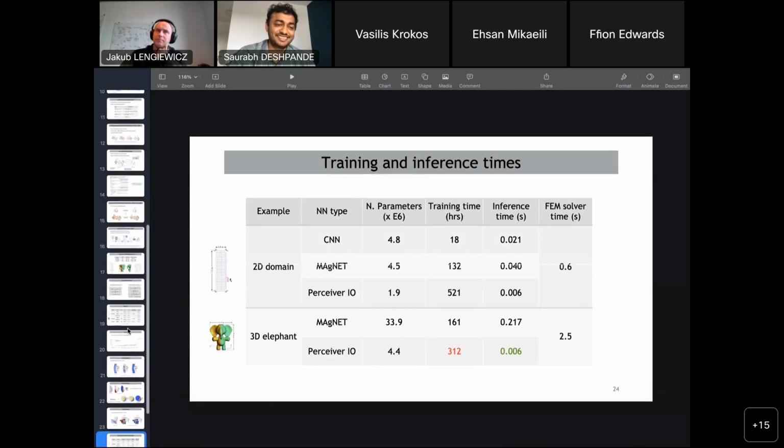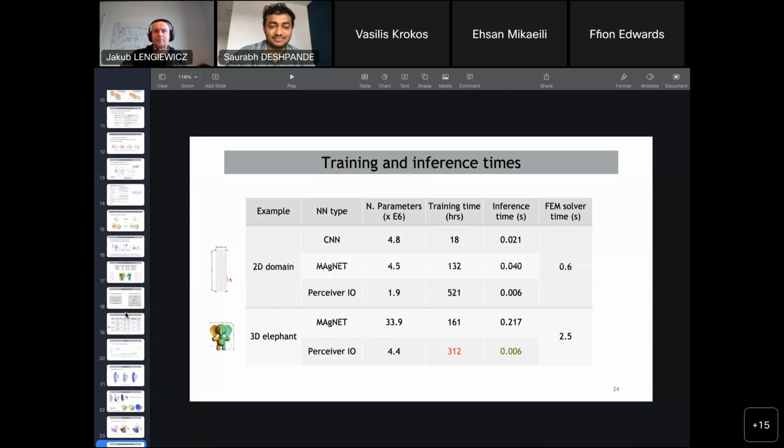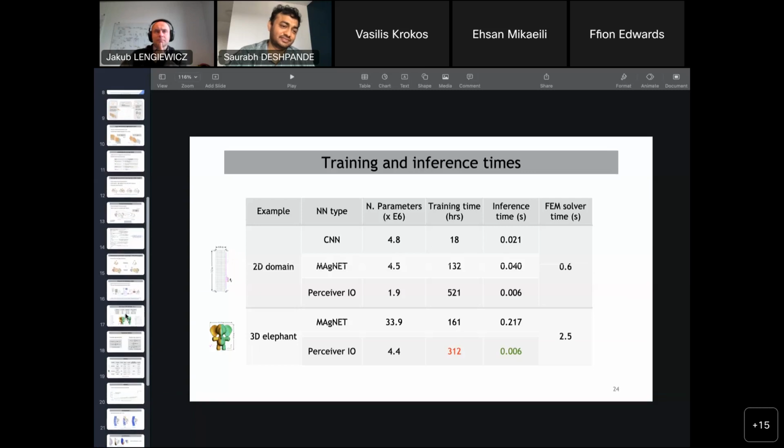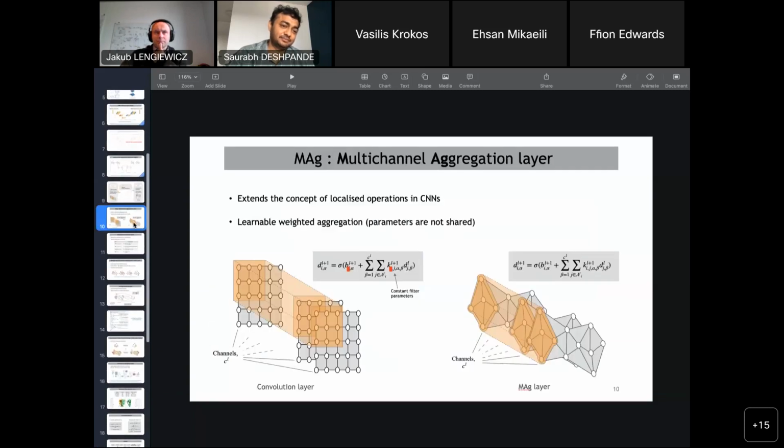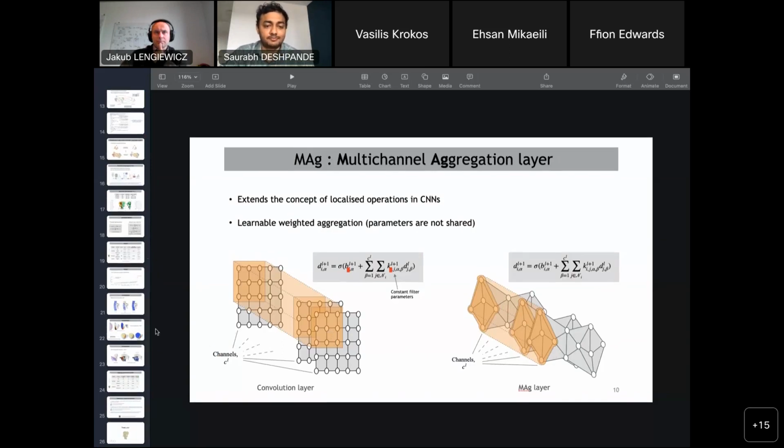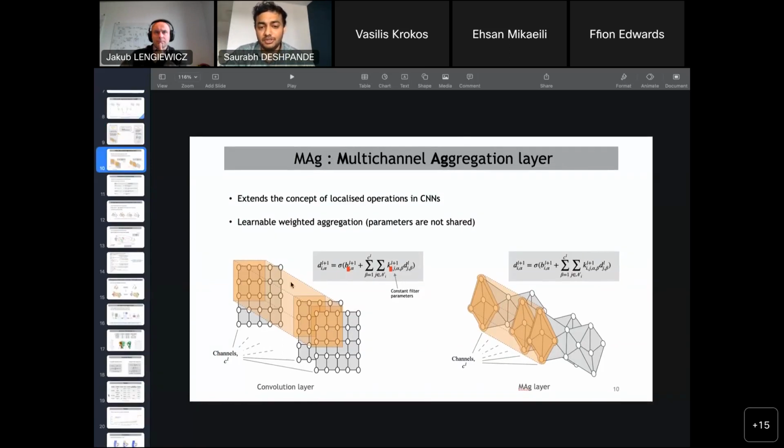Can you go back to the slide where you explained the MAG convolution and explain it one more time for me? So what we are doing in convolution is we have these input channels and you're applying the filter throughout the channels as we usually do, doing the weighted sum with the learnable weights and the inputs.